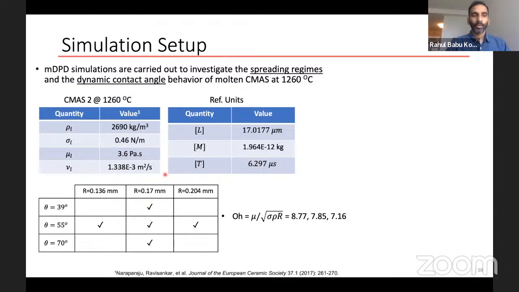As far as the simulations go, we performed five simulations at different contact angles and different initial drop sizes. When we look at the Ohnesorge number for this setup, it's quite high, clearly indicating that the flow is viscous dominated, which is pretty obvious.